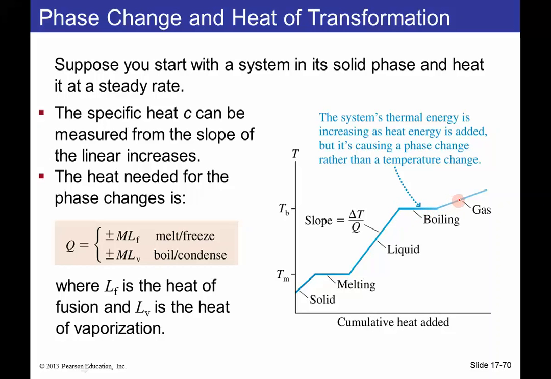And then again, I'm going to be adding heat, and the temperature is going to increase. How much heat do I need here? Well, I need m, the mass, times the heat of fusion. And in this case, I need m times the heat of vaporization.